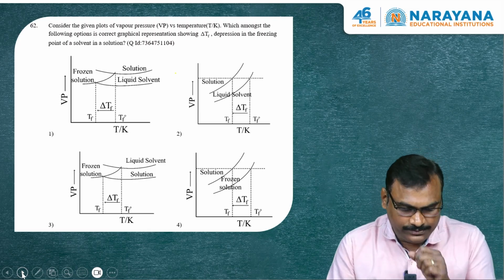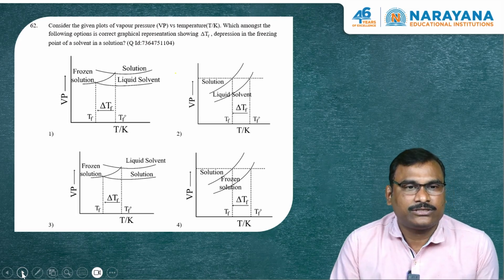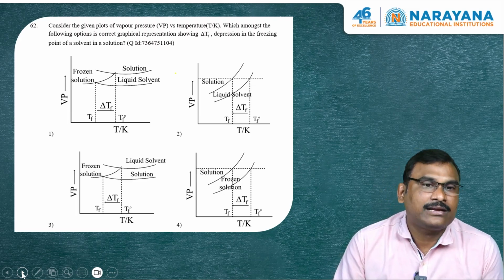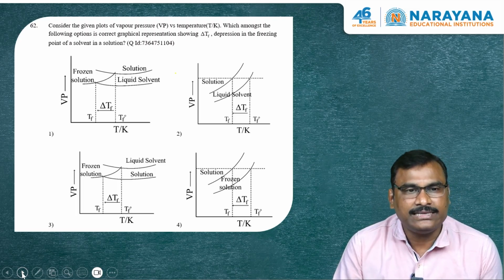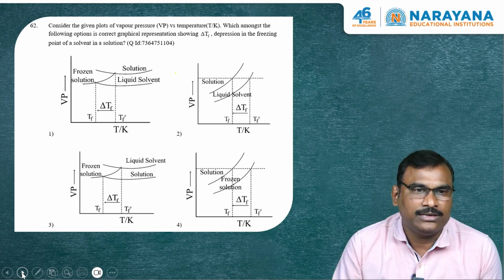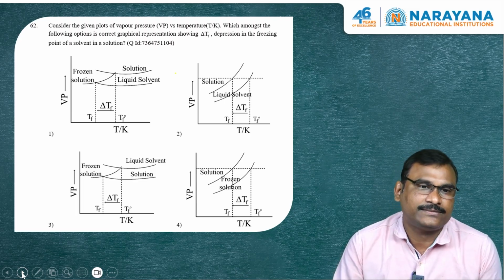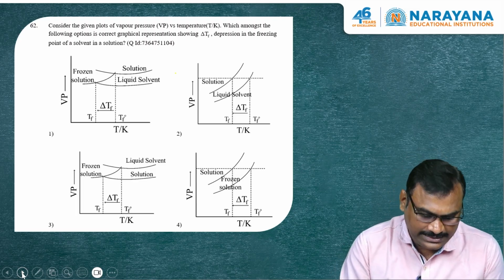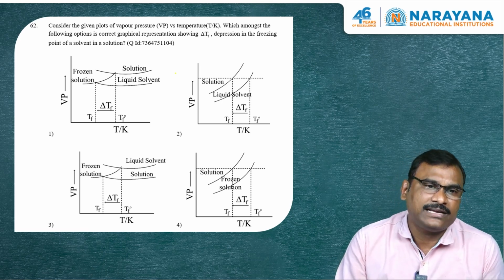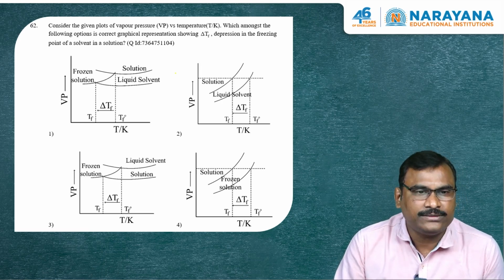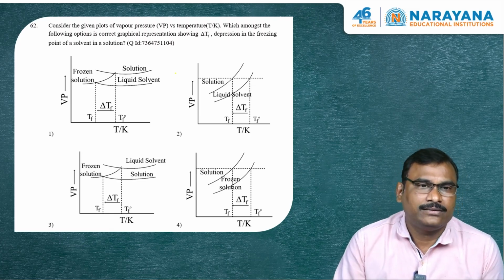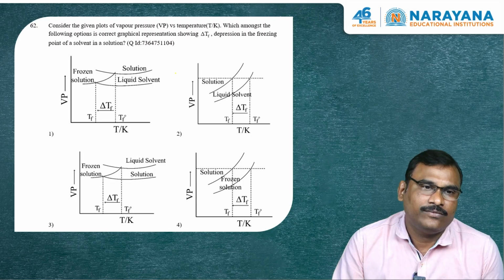So already we know that, student, a solution has a lower freezing point when compared to the solvent. Since with the addition of a non-volatile solute, the vapor pressure decreases. See, the temperature at which the vapor pressure of the solvent or solution equals the vapor pressure of the solid, that temperature you call the freezing point.